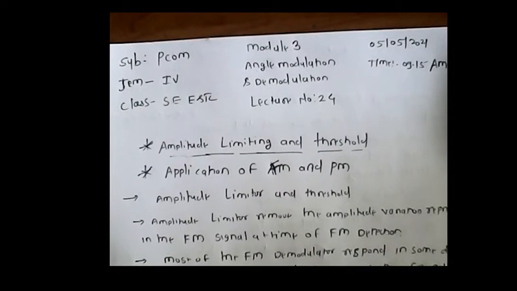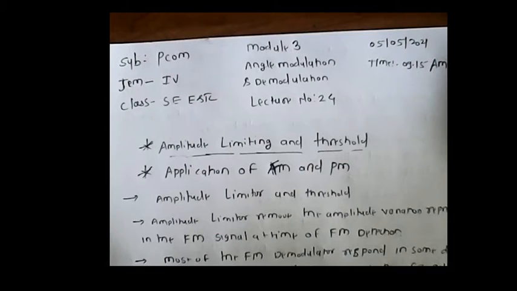Whenever we generate an FM wave and it is transmitted over a channel, noise is added. In frequency modulation, as the name explains itself, the amplitude and phase are constant, and there is variation only in frequency due to the modulating amplitude.